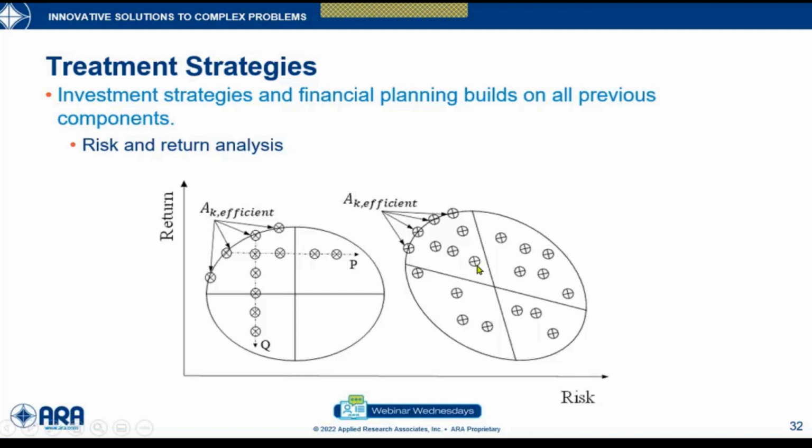Each point in here, or each circle with crosshair, includes actually a collection of improvement plans. So an improvement plan would include assets, and some of them would be fixed, some of them would be delayed for a following year, and that collectively gives you the return at the network level.